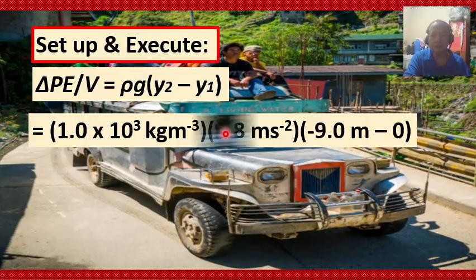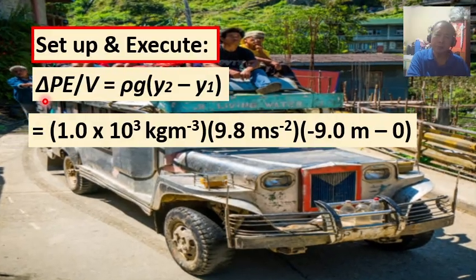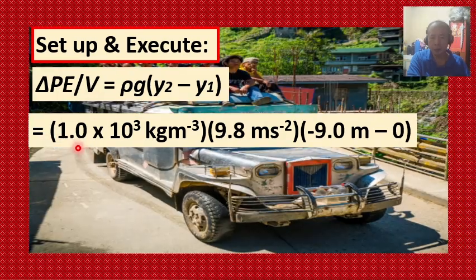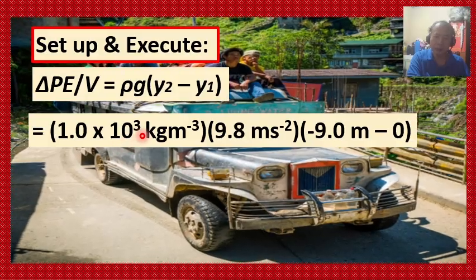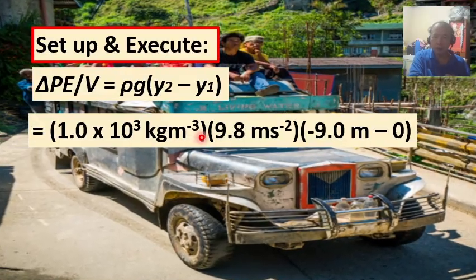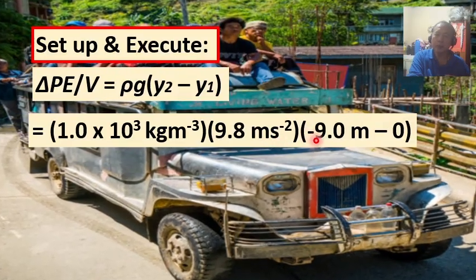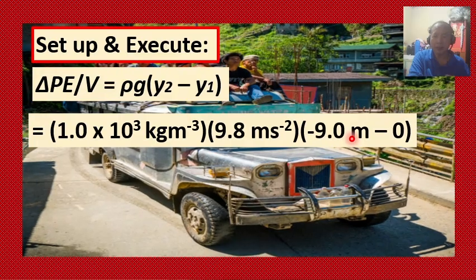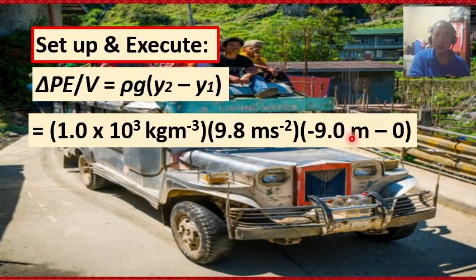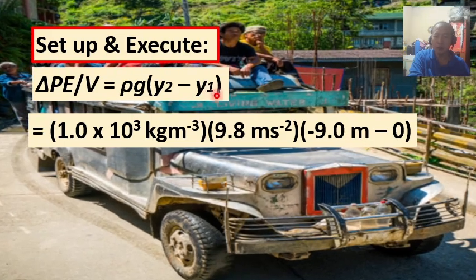And substituting the given quantities, we have the delta PE per unit volume equals 1.0 times 10 to the third kilogram per meter cube as the density of the water, multiplied by g, 9.8 meters per second squared, and multiplied also by the change in the elevation or position, using the rooftop as our reference that's labeled as y sub 1.